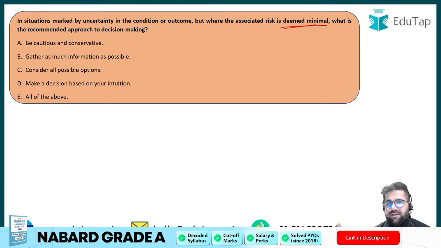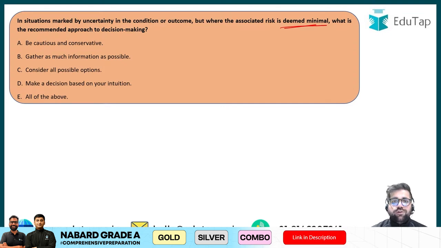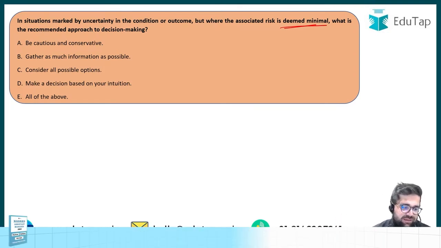If you have a risk coming forward in front of you, what is the recommended approach to make decisions in that particular context? Will you be cautious? Will you gather as much information as possible? Consider all possible options? Make decisions based on your intuition? Or is it all of the above? Please answer.